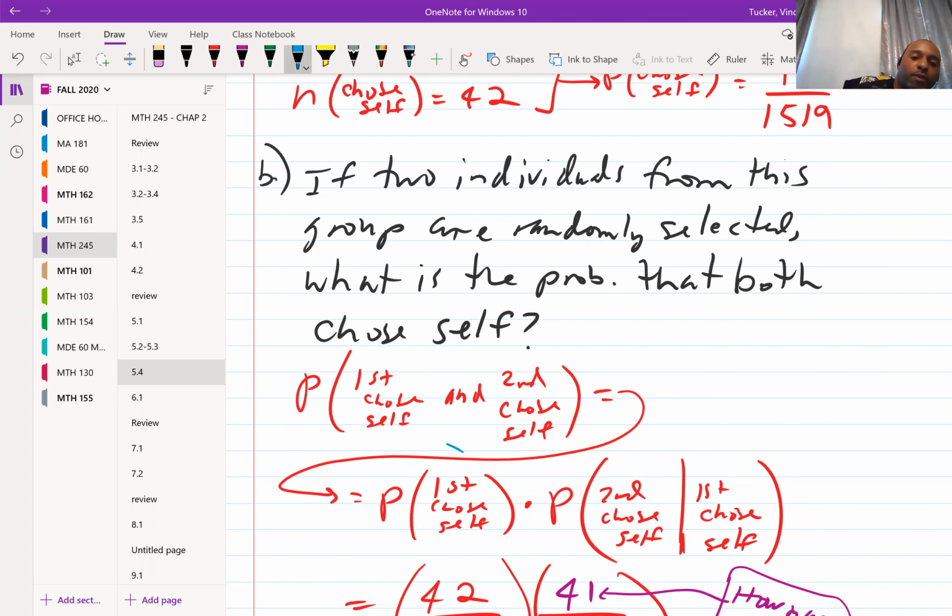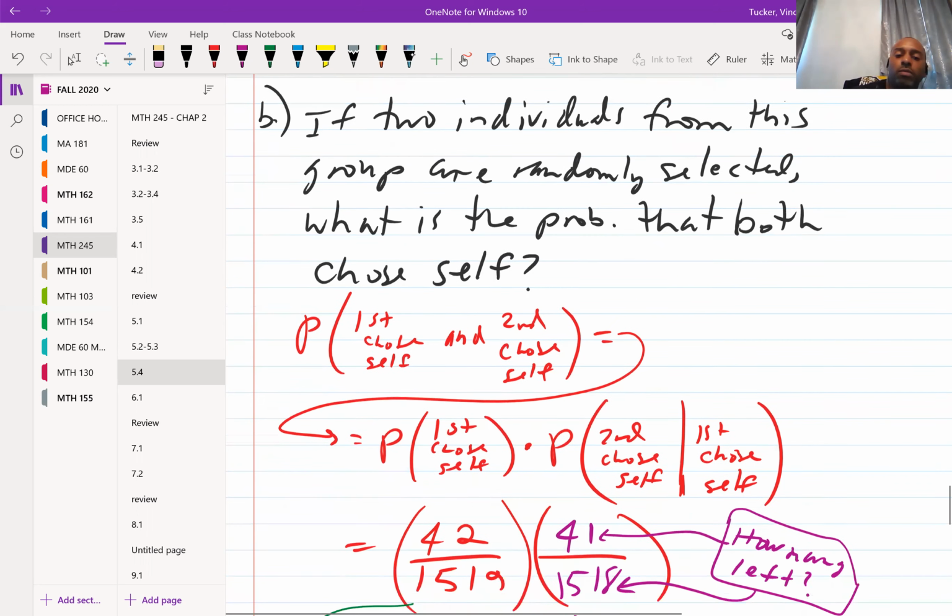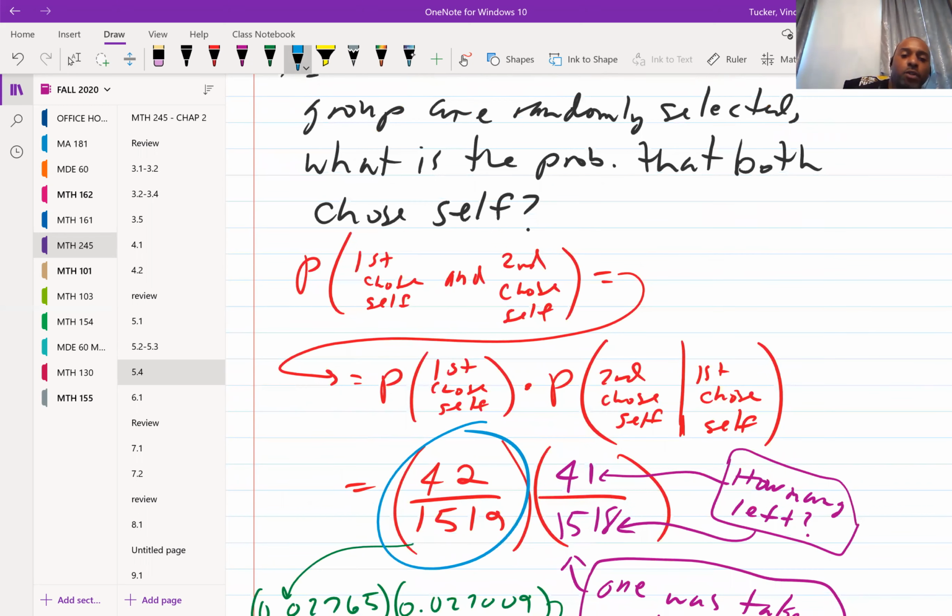The probability that the first chose self, we already examined. That's 42 out of the 1519. But then the second one is the probability that the second one chose self, given that the first one chose self as well. So that one's going to be a little different. Like I said, the first one is 42 over 1519. But then that second probability is going to be 41 out of 1518.